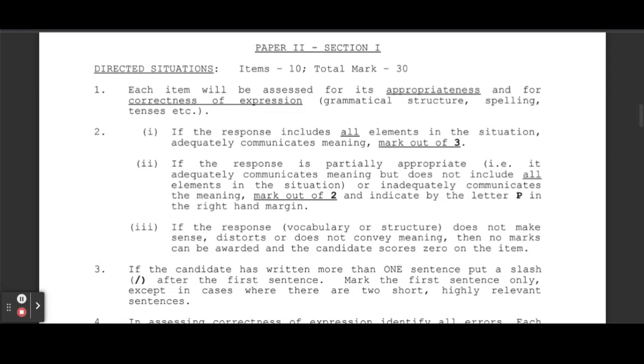And in terms of how it's assessed, a teacher is supposed to look at the response you write and see whether it includes all the elements of the situation. If you look at one of these questions, you understand what I mean by all the elements of the situation, and that adequately communicates meaning. When I hear your response, it's going to gel. It's like a question and response. It's going to make sense, right?